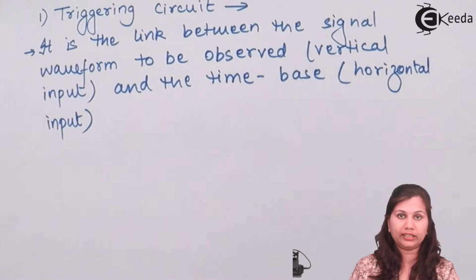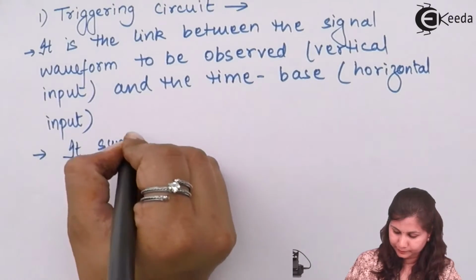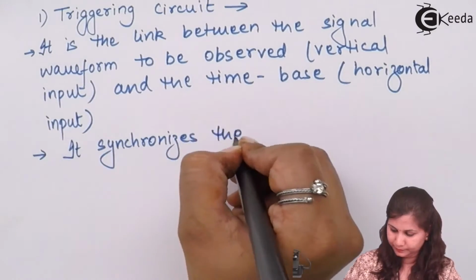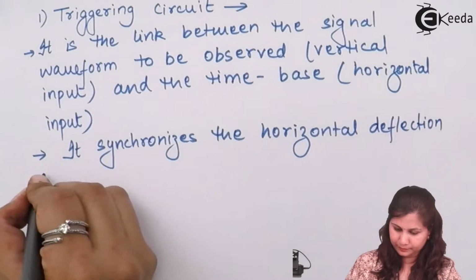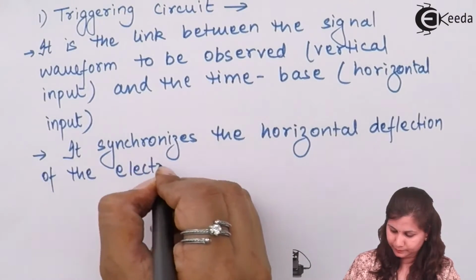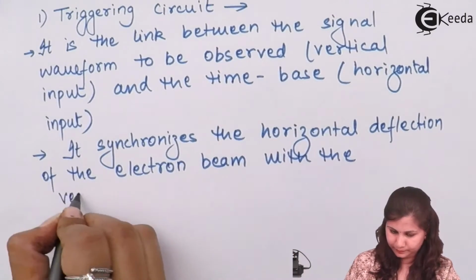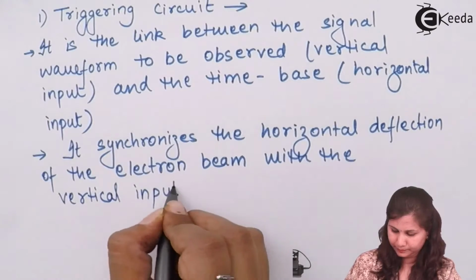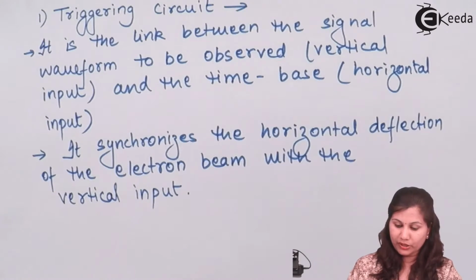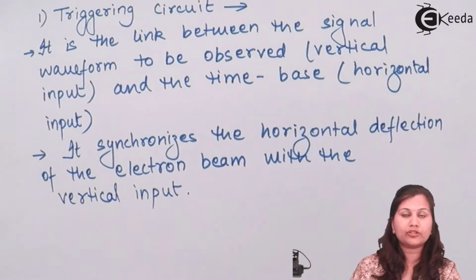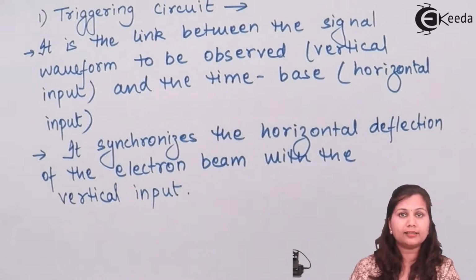There is no delay in these two deflections. Okay, so we can say that the basic function of this triggering circuit is to ensure that the generation of the horizontal and the vertical input start at the same time.